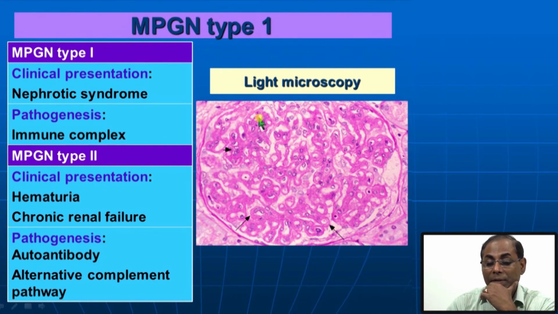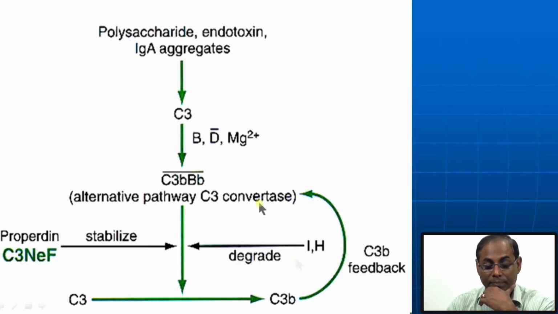In fact, if you see here, there is mesangial expansion with hypercellularity, and sometimes you can describe it as lobular accentuation, and the basement membrane of these glomeruli is markedly thickened, and you can see it diffusely. It is an immune complex mediated disease.